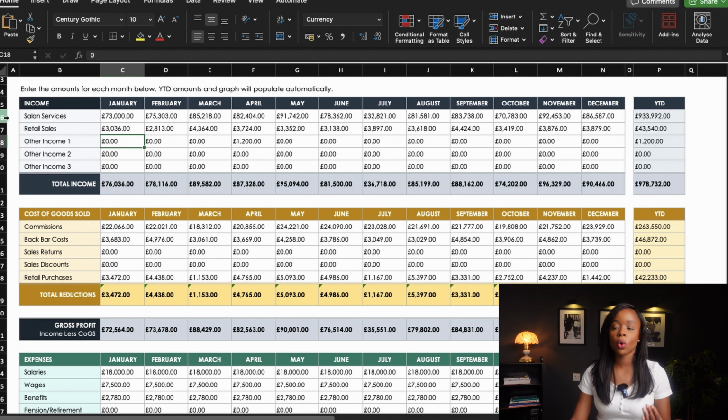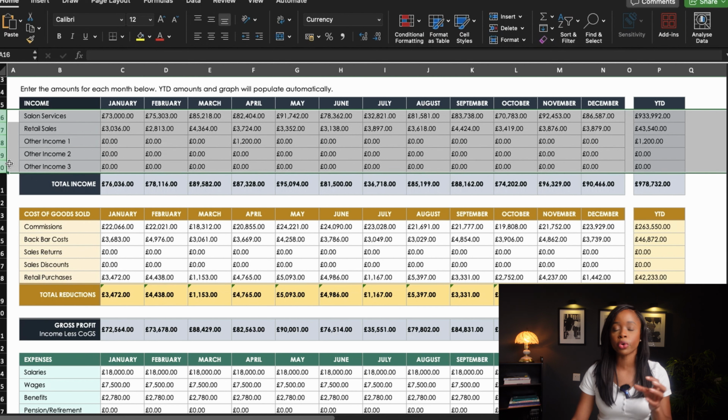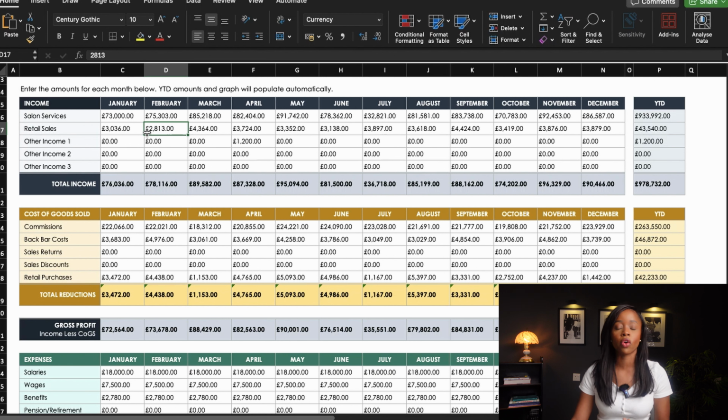Depending on what type of business you're running, the categories of income for your particular business will differ, okay? So you just need to be aware of what categories of income are applicable to your particular business, and make sure that you are capturing that within the first section where the income needs to be captured.